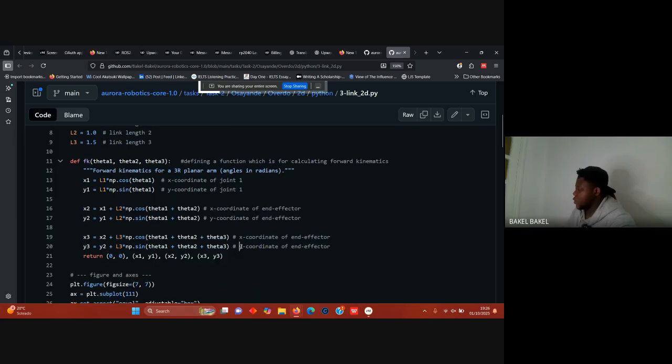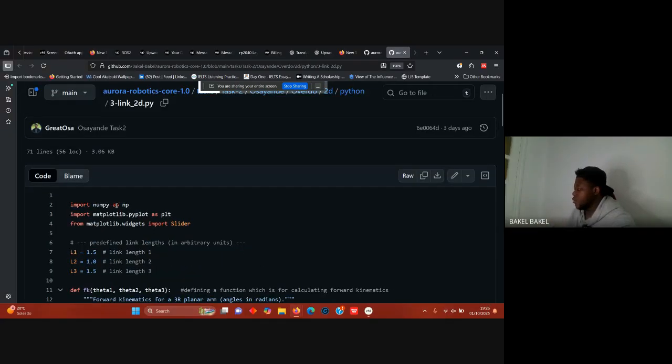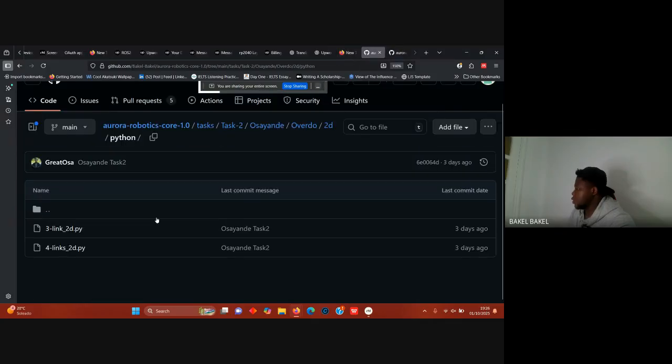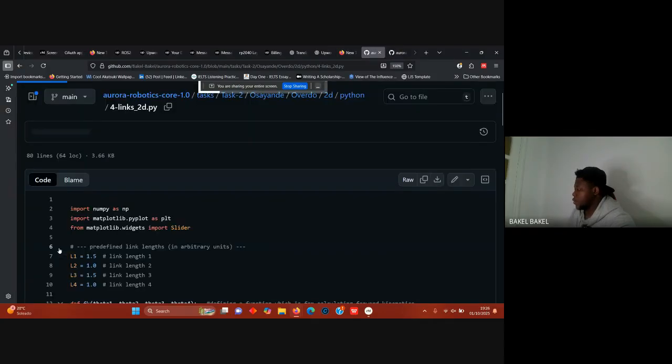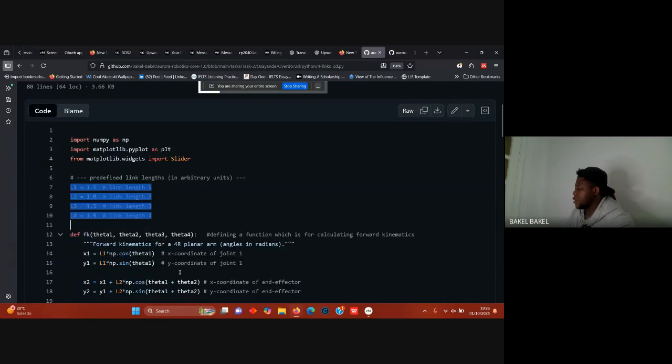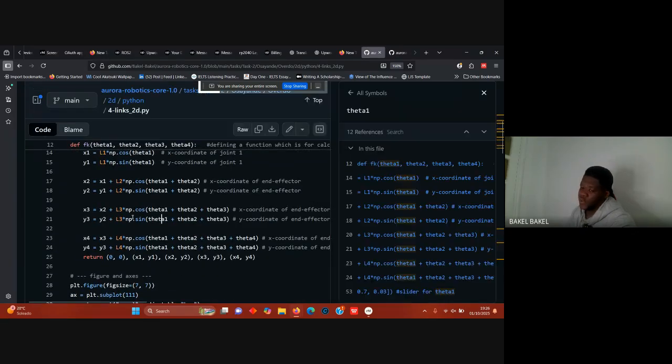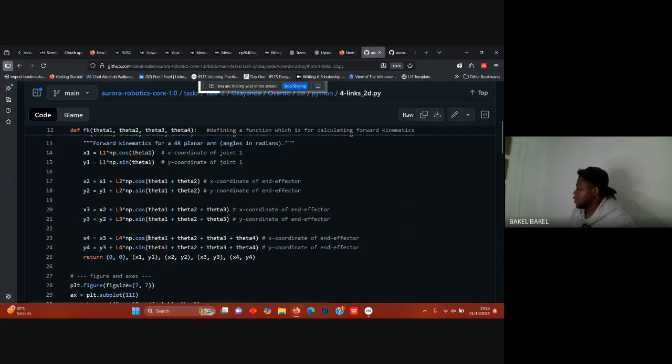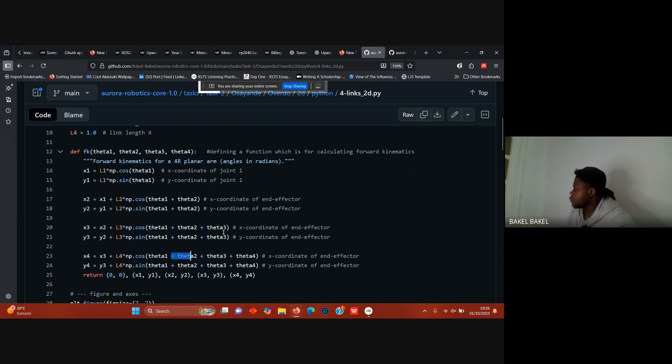So now you know that if you have one more link, you just increase the number you add to it, because look at the 4 links that he also did. He defined 4 links, and it's a very repetitive process. You have theta 1, theta 2, theta 3, theta 4. So if you keep on adding links, that's what you would get.